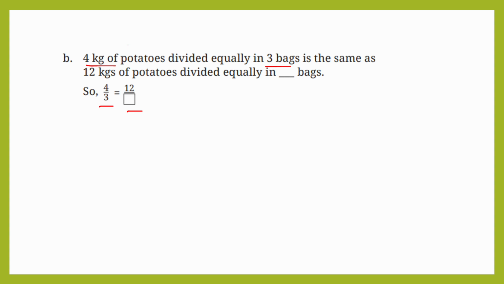So how did you get this 12? 4 into 3 is 12. So you have to multiply both numerator and denominator by 3. So 4 into 3 is 12. So 3 into 3 is 9. So 12 kgs of potatoes divided equally in how many bags? 9 bags.